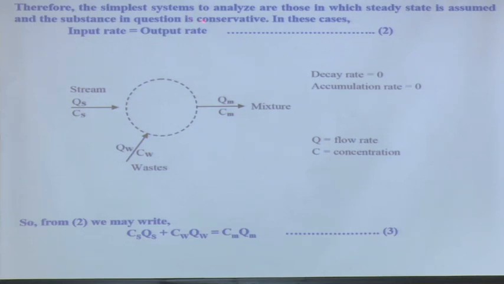Suppose the simplest systems to analyze are those in which steady state is assumed and the substance in question is conservative. In this case, the input rate is equal to the output rate. I have given an example: suppose a stream or river is flowing, and my boundary is where the river passes through a village.